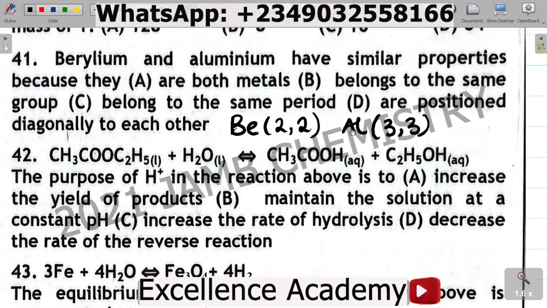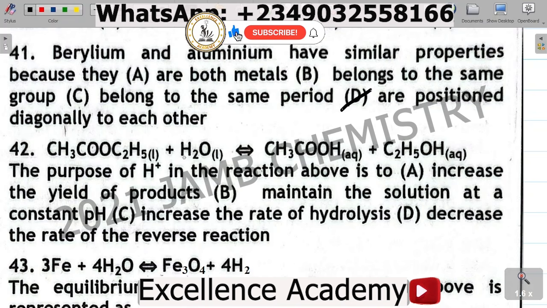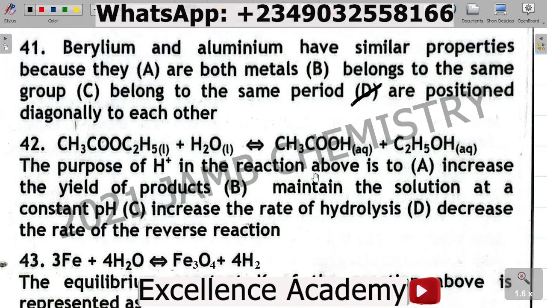So for this question here, they said beryllium and aluminium have similar properties because they are positioned diagonally to each other, so the correct answer would be D. Don't forget that when elements have a diagonal relationship, they usually have similar properties due to similar charge or similar radius or similar polarization power. So the correct option there is D.